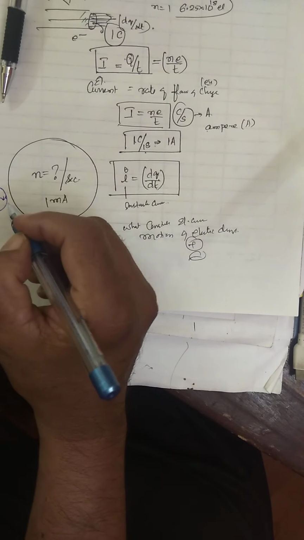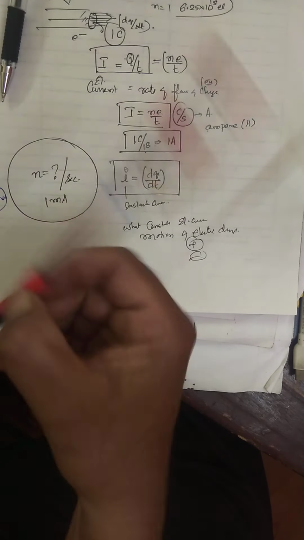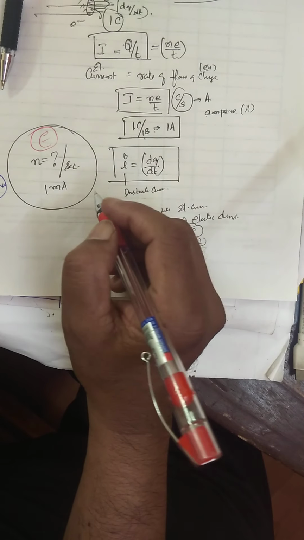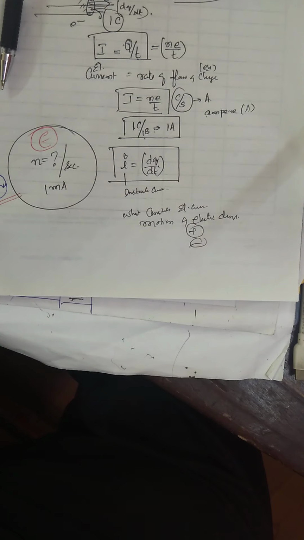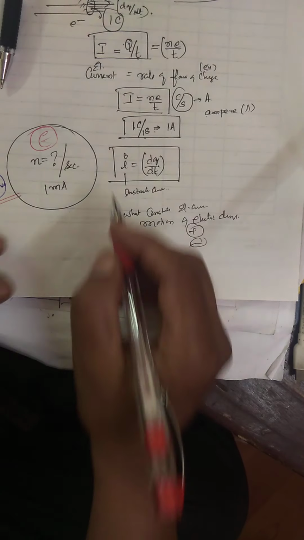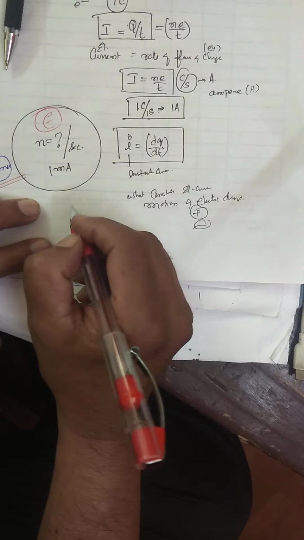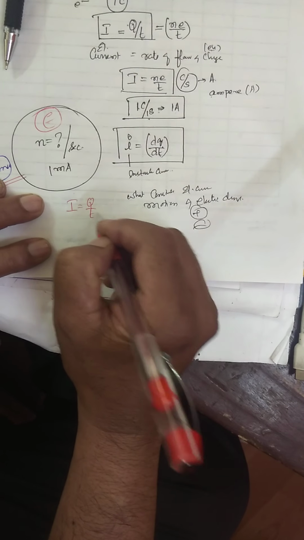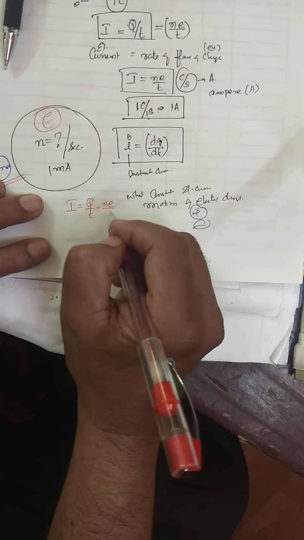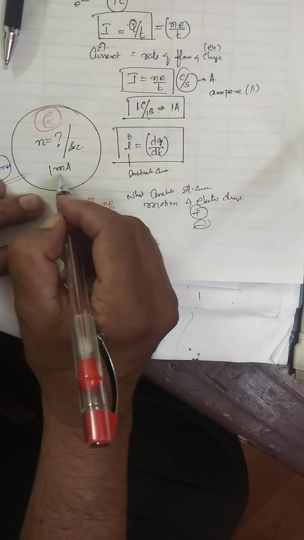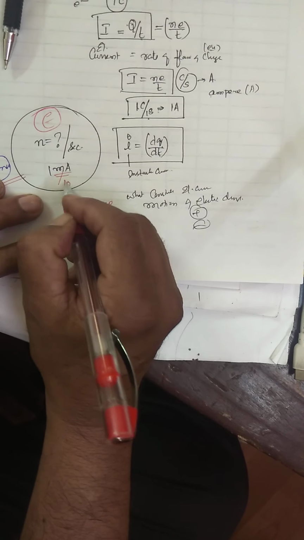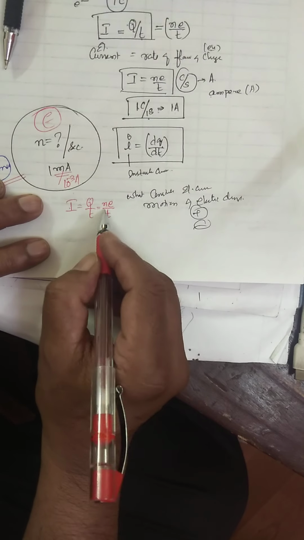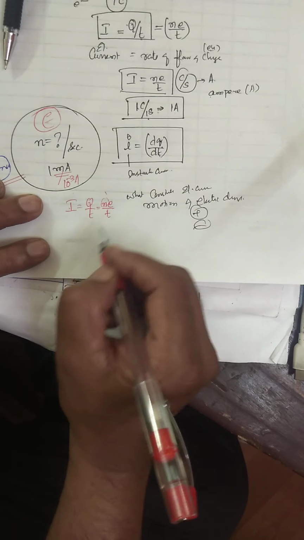For CET they have asked this. Here, current is equal to charge by time, n number of electrons per second. 1 milliampere: milli represents 10 to the power of minus 3 ampere. Therefore, you want the number of electrons.